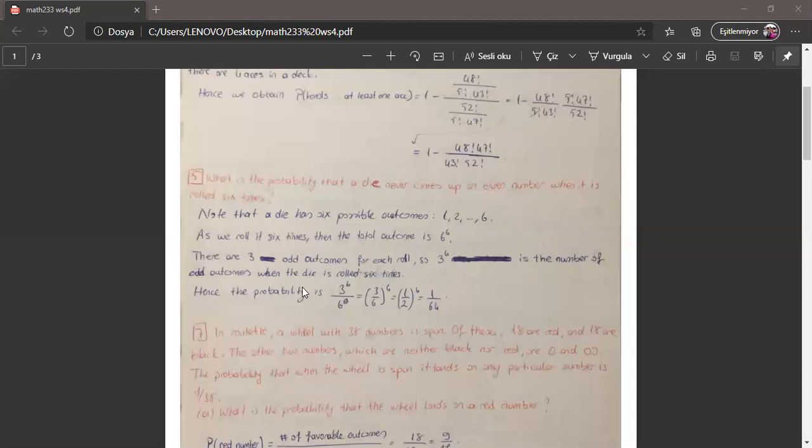So what's the probability? Here we write the desired outcomes, which is 3 to the 6th, and here we write the total, which is 6 to the 6th. So we have this probability.